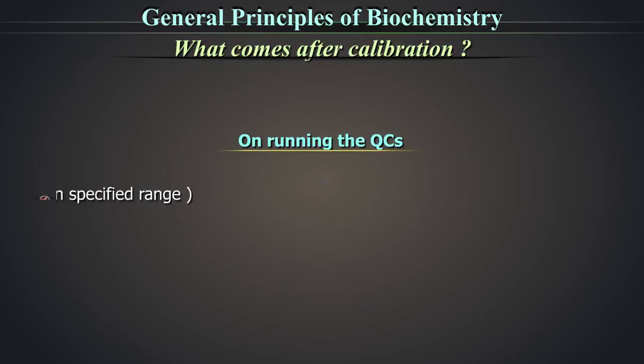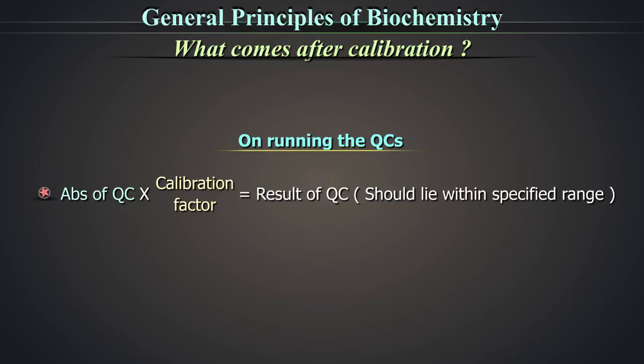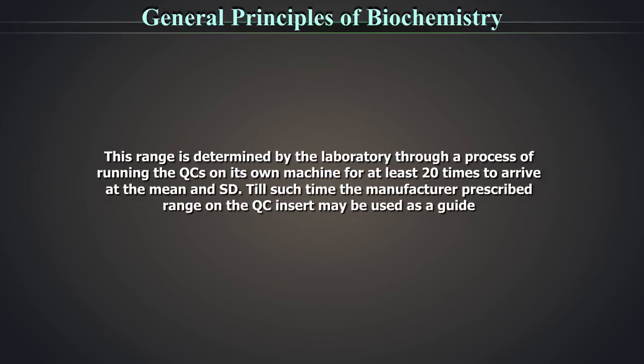On running the QCs, the equipment multiplies the absorbance of the QC with the calibration factor and gives the result. With a valid calibration factor, the QC values should lie within a specified range. This range is determined by the laboratory through a process of running the quality controls on its own machine at least 20 times to arrive at the mean and standard deviation.